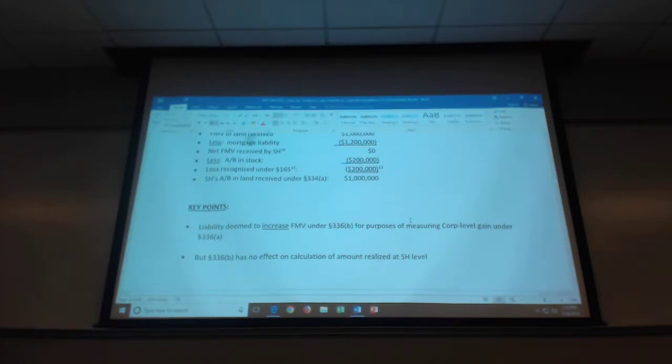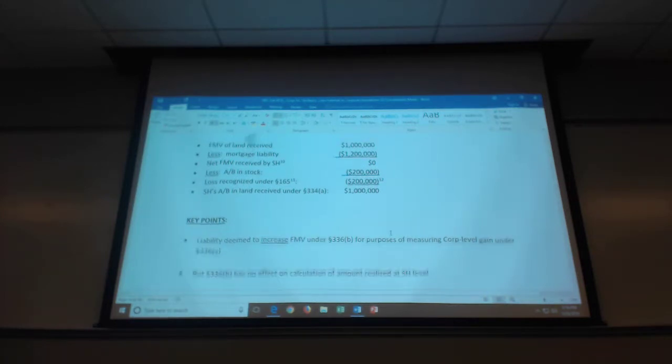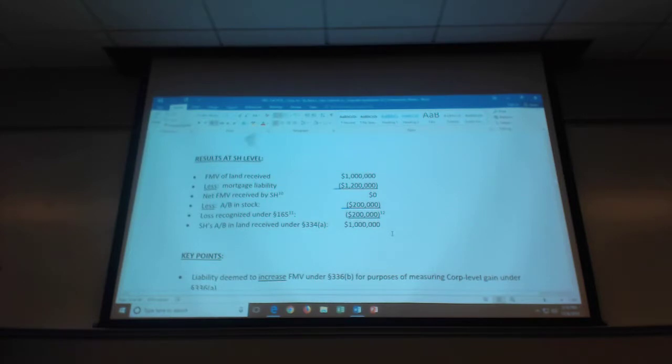Because 331, if you look at the code and read it very carefully, applies only if amounts are received by a shareholder with respect to his or her stock. Here, nothing is received. But there's a happy ending. The shareholder can still claim a loss, except that most lawyers believe that it's under Section 165 of the code, which is the general rule in the Internal Revenue Code for recognizing losses.